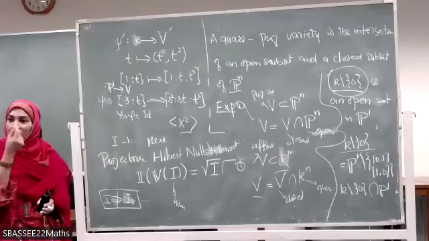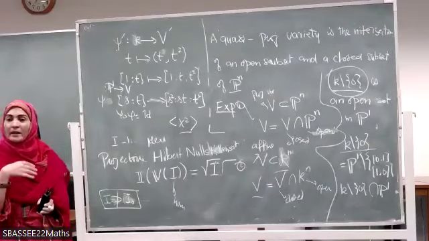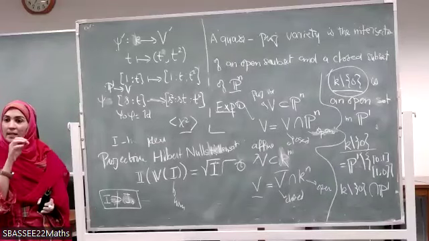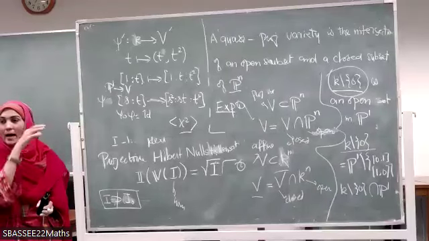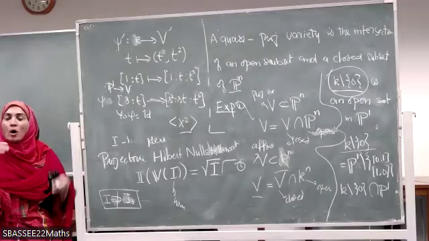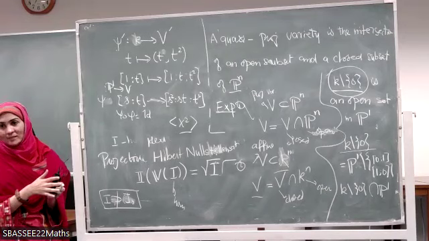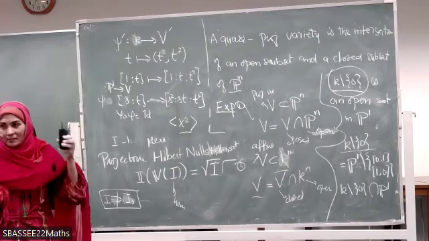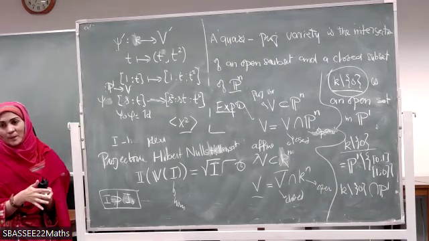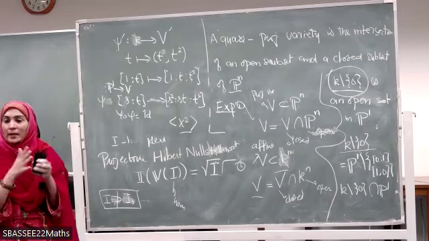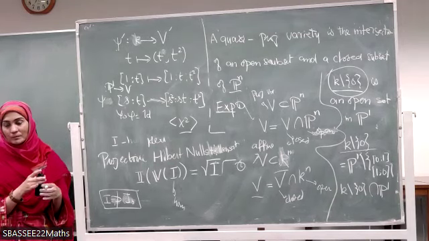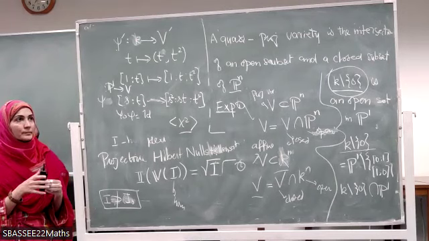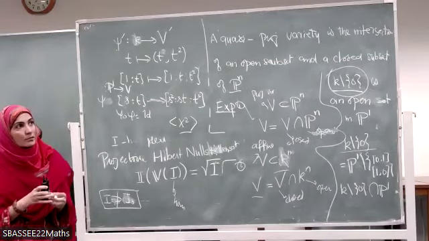As a variety, this gives you just a single point. But as a scheme, it says that this is a single point with multiplicity 2. So the scheme gives you more information than the variety, but it also covers the construction of varieties. So there is a more abstract way where you can extend that part as well. Okay, any question?